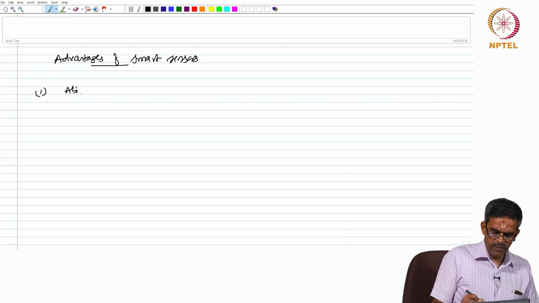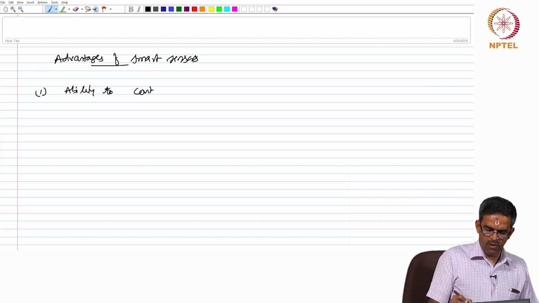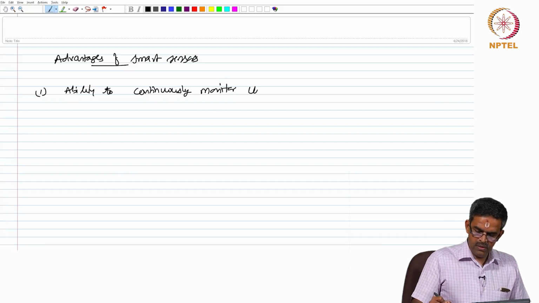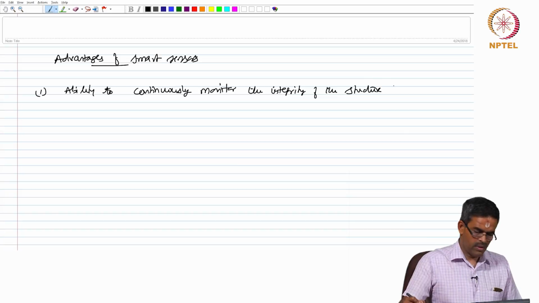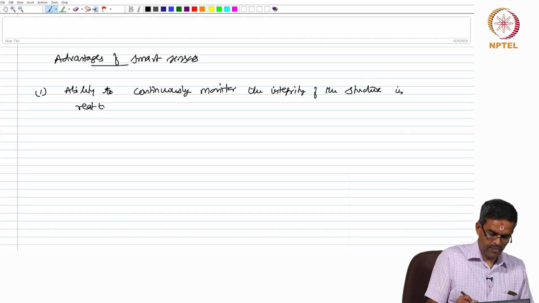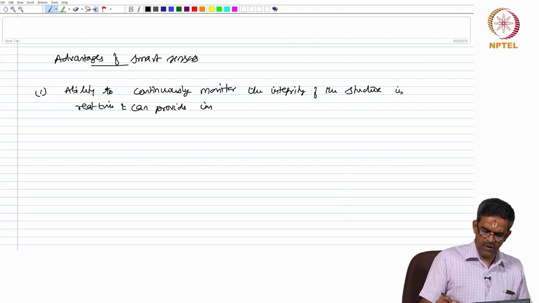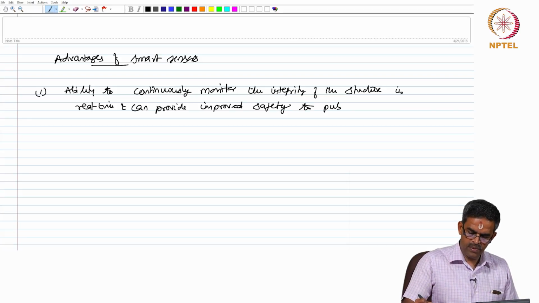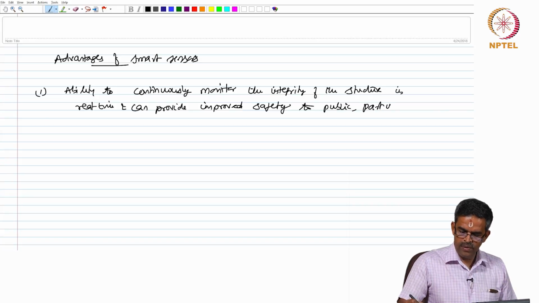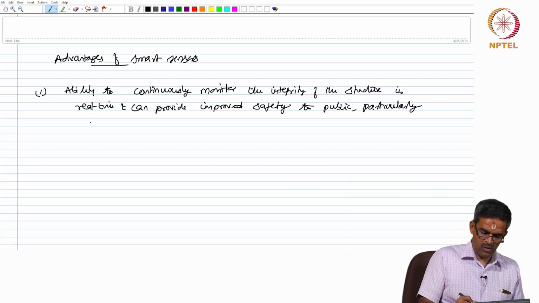It has an ability to continuously monitor the integrity of the structure in real time, and can provide improved safety to the public, particularly in case of aging structures. For example, let us say bridges.